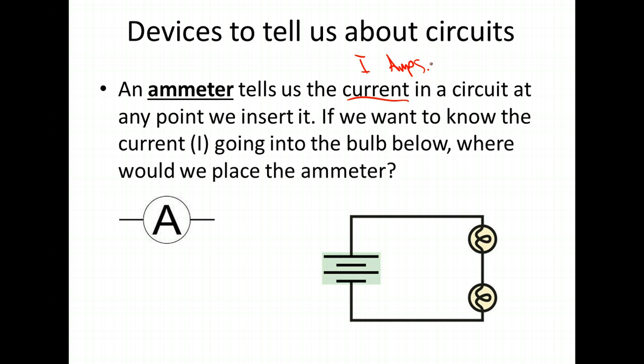If I wanted to know the current going into the light bulbs, where would I have to place my ammeter? And this is the symbol for an ammeter. Yeah, somewhere between the positive charge of the battery and the light bulbs, and so I would place my ammeter right there if I wanted to measure the current going into those light bulbs.